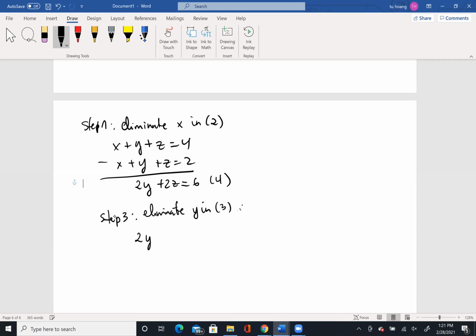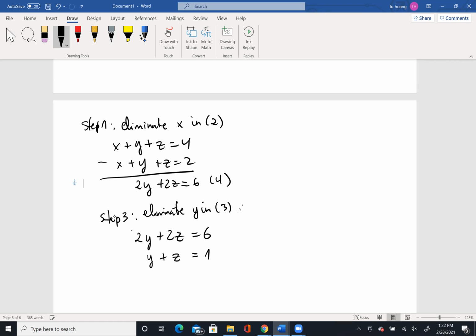So I have 2y plus 2z equal to 6, and equation number 3 is y plus z equal to 1. So I need to, maybe let me see. How about this? Instead of eliminating y in equation number 3, I eliminate it in equation number 4. It doesn't matter, but yeah, okay.